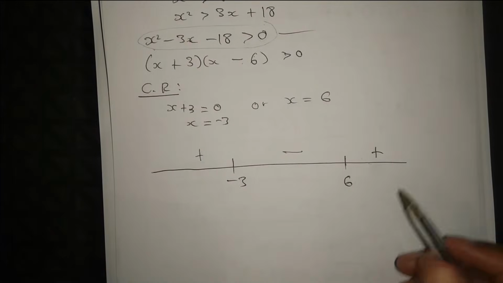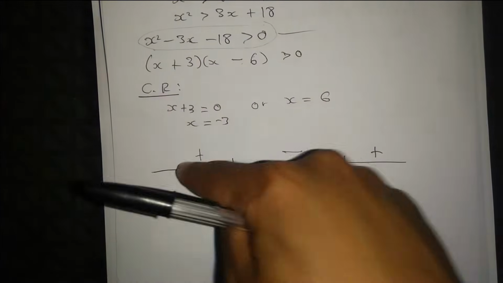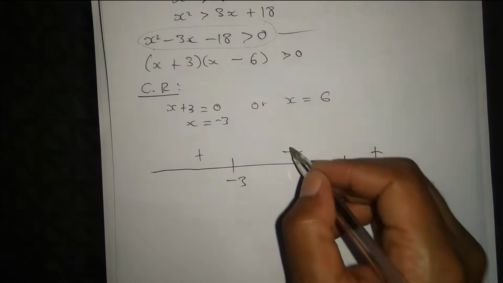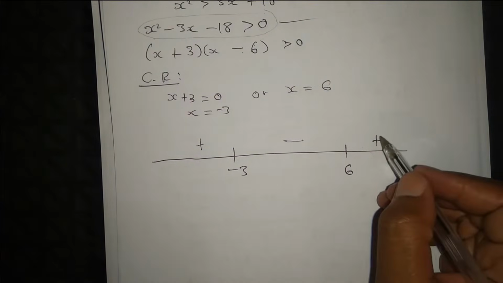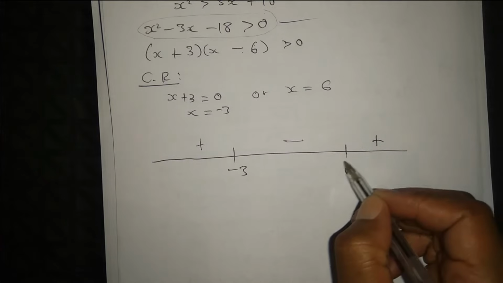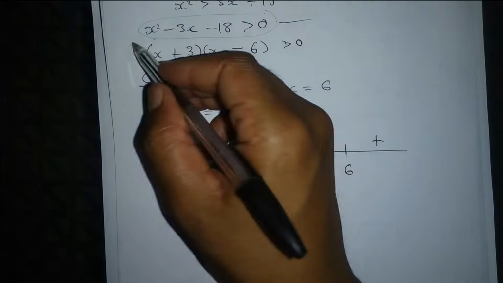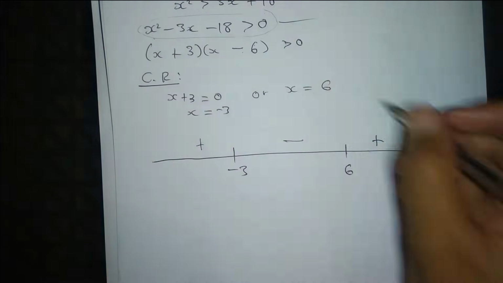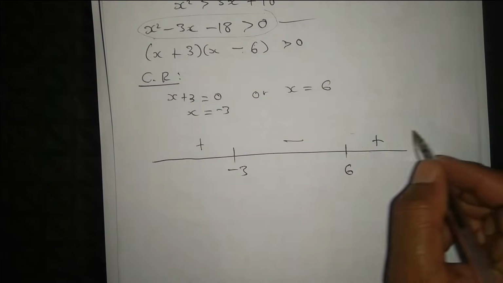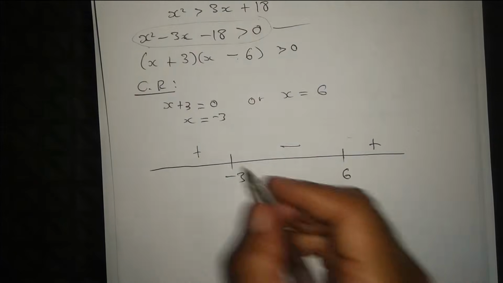So like these signs must alternate. If there was a negative it becomes positive, and these become negative. So it means all these x values greater than 6 make this equation greater than 0. Therefore our solutions we find on the positive sides, right?